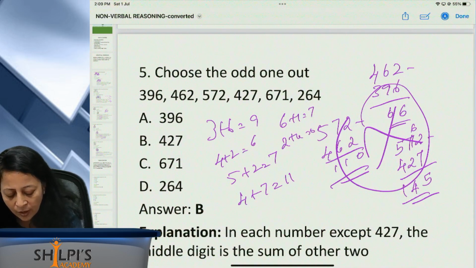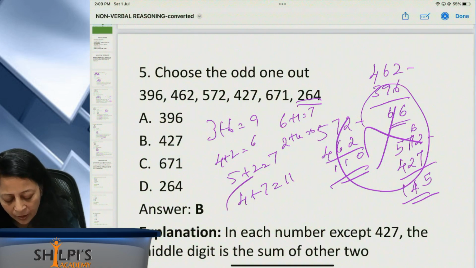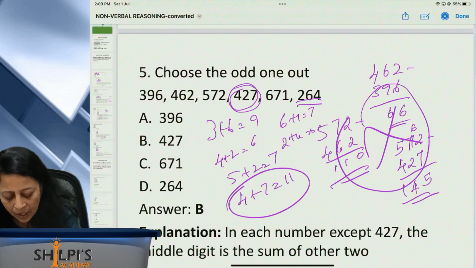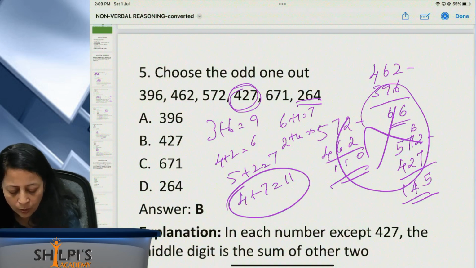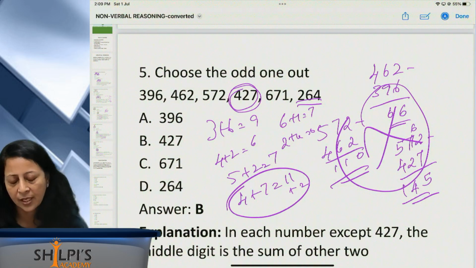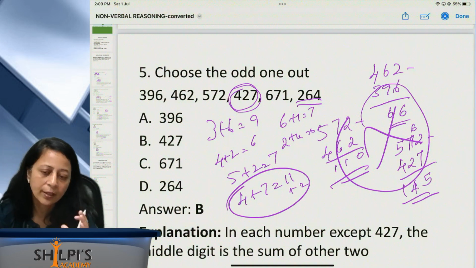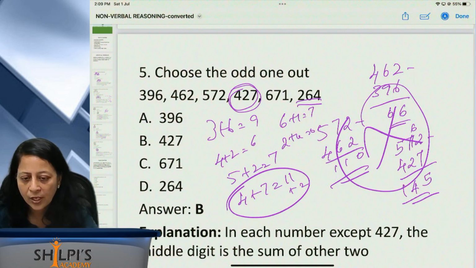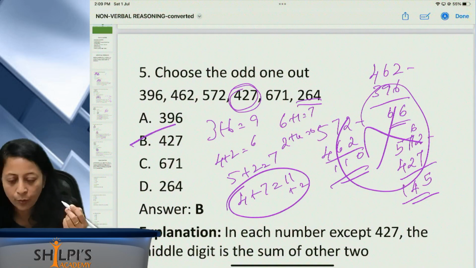Everywhere you can see that all single digit answers you are getting, but here you are getting 11, which is a double digit. But here they have given us the answer 2, so they arrived at it like 1 plus 1 is equal to 2. So this is an odd pattern, not in the context of this pattern. So let's take 427 as the different one in this.